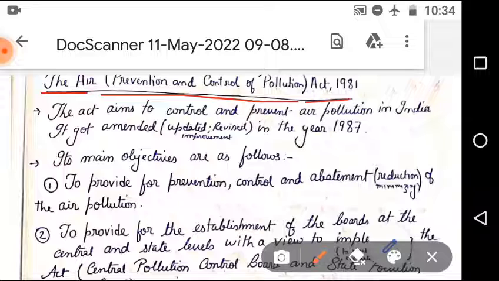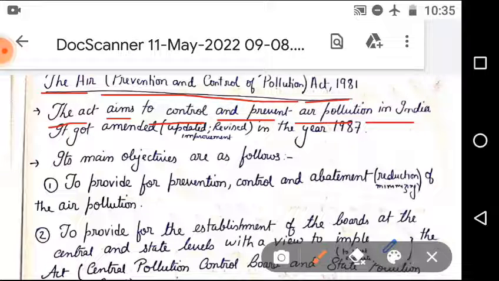The Air Prevention and Control of Pollution Act aims to control and prevent air pollution in India. The main objective of this Air Pollution Act is to control and prevent air pollution in India.